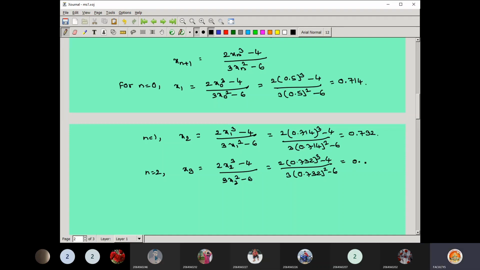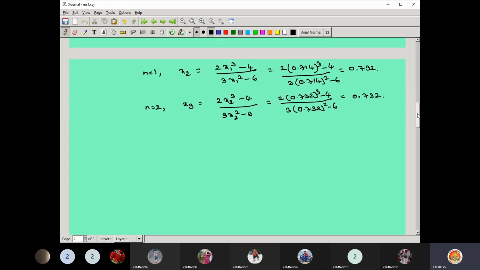0.732. So look at the last two approximate roots here. Almost you are getting the same. So whenever you get the same type of values, you can stop the process.